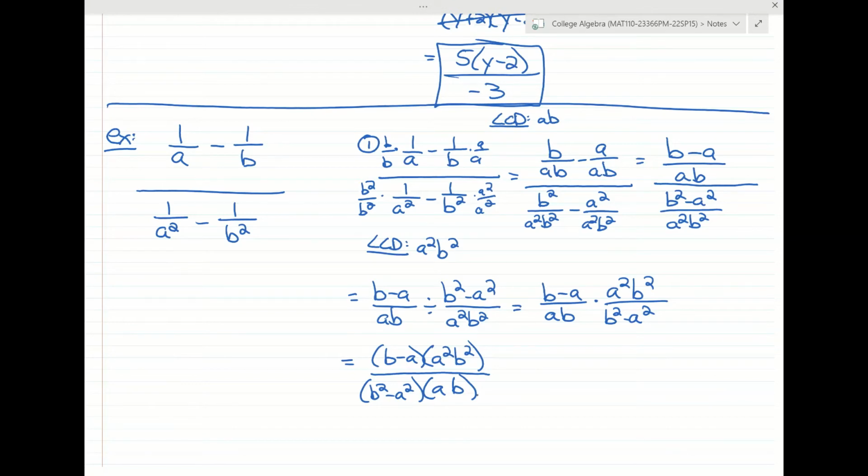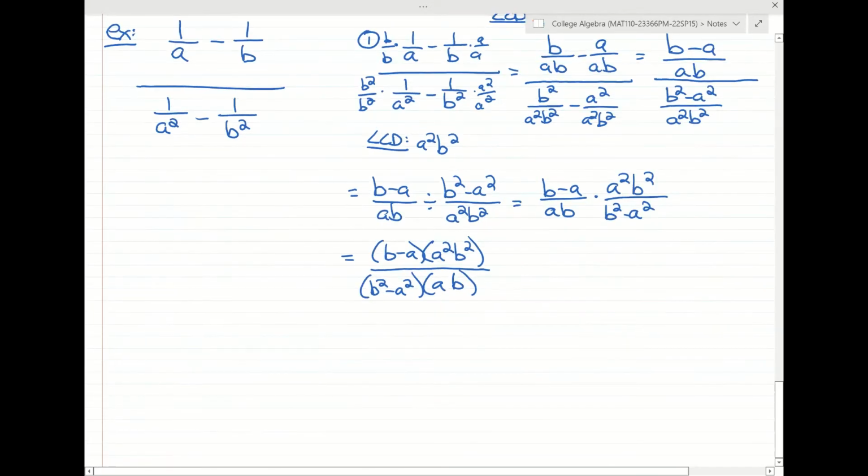A couple things we could do here. Does anyone see something we could factor more? Bottom here. The b squared minus a squared, that's a difference of squares. We could write this as b plus a times b minus a.